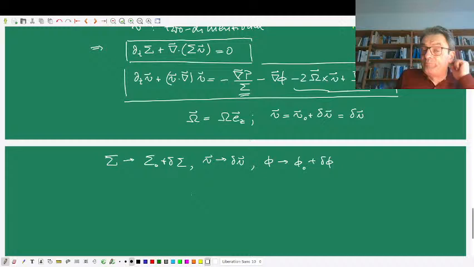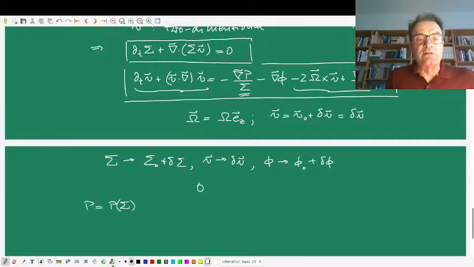Now, if I apply Euler's equation to the unperturbed background solution, the left-hand side of Euler's equation here will be 0 because our background velocity will be 0 because we are in the co-moving frame. But then the disk surface density will be constant, sigma 0. So the gradient of the pressure will also be 0, because we will assume, like we did in three-dimensional hydrodynamics, that the pressure is a function of the surface density only, and if the surface density is constant, then the pressure will also be constant.